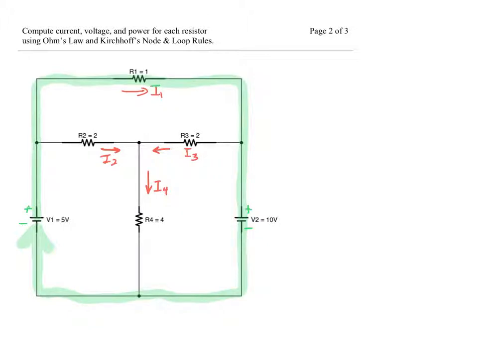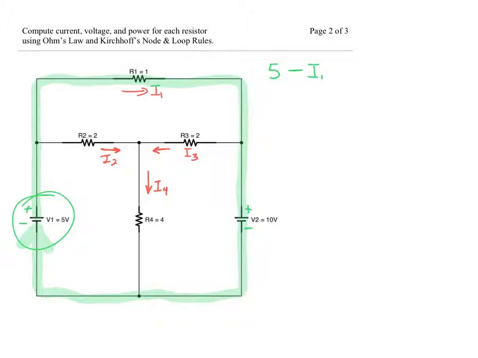So this means that I'm going to have a 5-volt uphill, meaning positive, starting at that battery on the left over here. I'm going to go up through resistor 1, and since I'm going with the assumed flow of current, that's going to be just 1 ohm times I1. So I'll just write I1 since we don't write coefficients of 1.